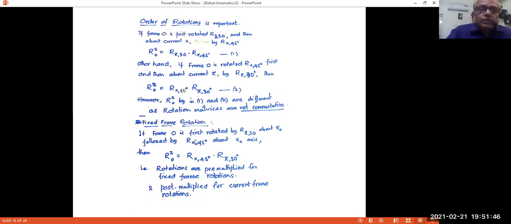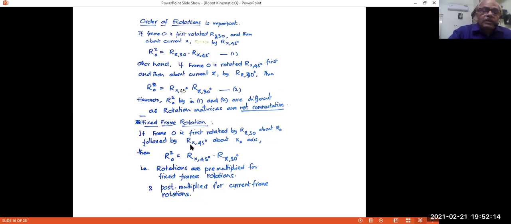Next, one more aspect is what is known as fixed frame rotation. Suppose you rotated about z by 30 degrees and then followed with a rotation about the x-axis by 45, but about x0, the original frame, not x1 of the frame that you obtained after rotation by 30 degrees about z.